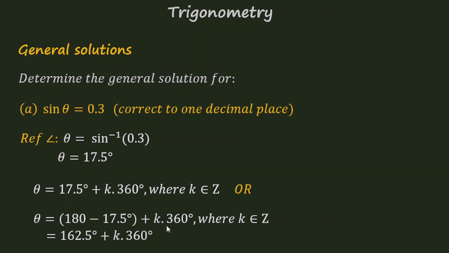K is any whole number: 0, 1, 2, 3, minus 1, minus 2, minus 3. The second general solution is theta equals 162.5 degrees plus k times 360 degrees. So these are the two general solutions to sine theta equals 0.3.